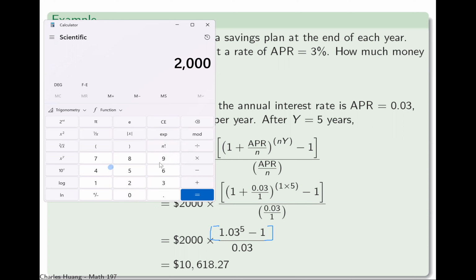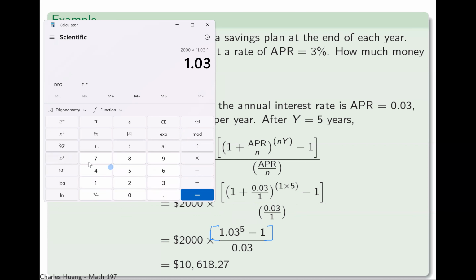So 2,000, and what we're going to do is multiply by, and here we will need the bracket. It's important to write down the brackets like the way it's given in the formula and try to solve each of the brackets separately. If you try to put more than just the bracket in, like in this case, we're doing 2,000 multiplying by the bracket, you will have to put the bracket in yourself in the calculator.